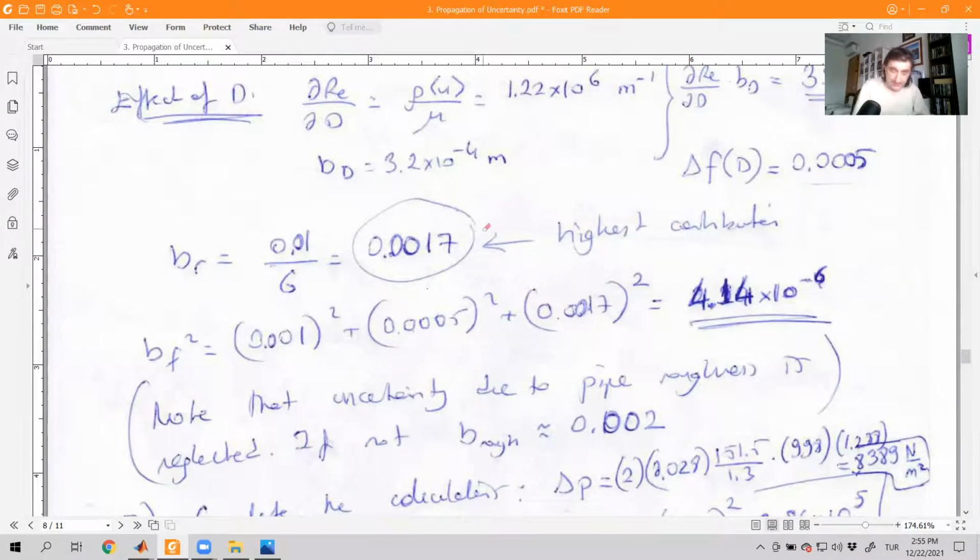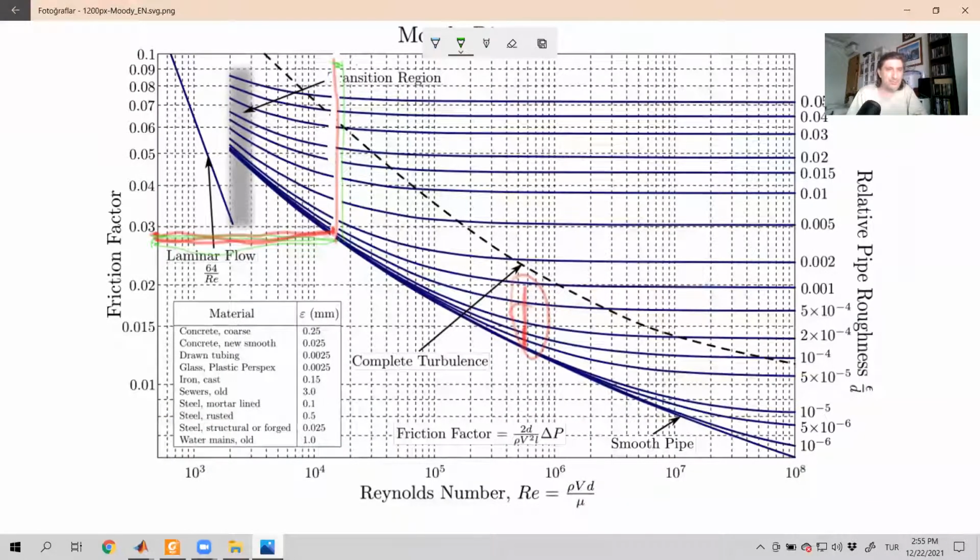And this comes with the highest contribution here. On the other hand, I'm a little skeptical whether this 0.01 should be exactly obtained, because you are probably going to be using a ruler for that region, and that ruler is going to be a better representation or have a higher resolution. On the other hand, we have another problem here.